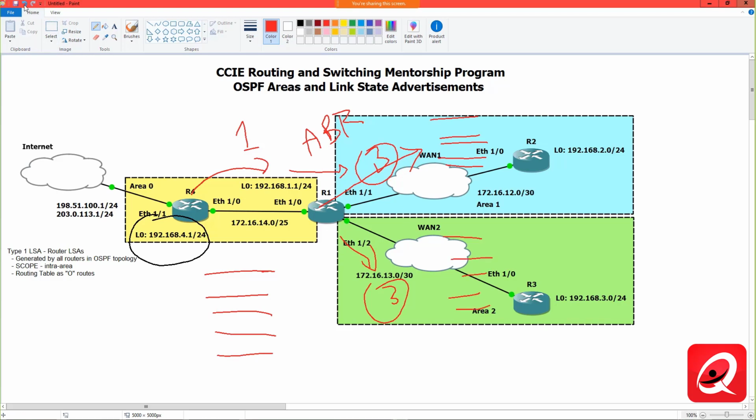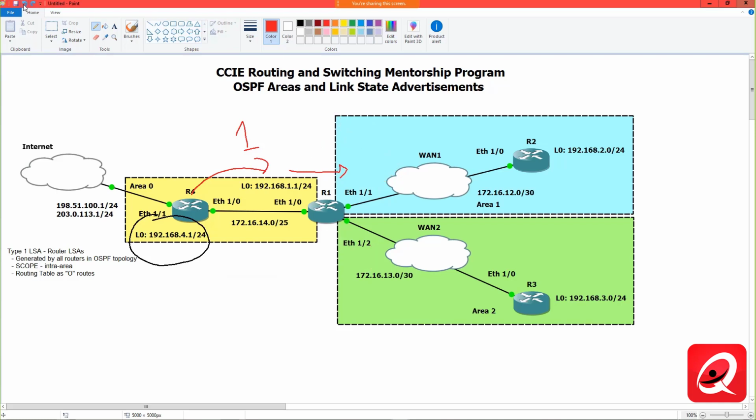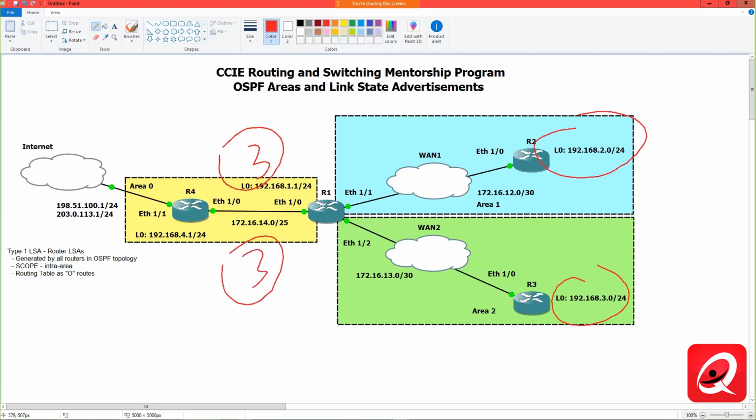OSPF does not summarize by default into other areas. So essentially all of my type 1 LSAs will become type 3 LSAs, and it'll happen in both directions. So this loopback here will become a type 3 in this area, this loopback here will become a type 3 in this area, and so on.